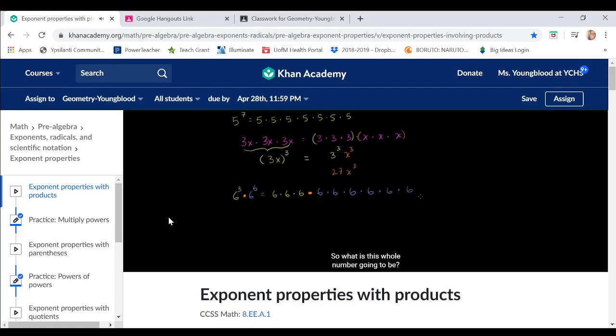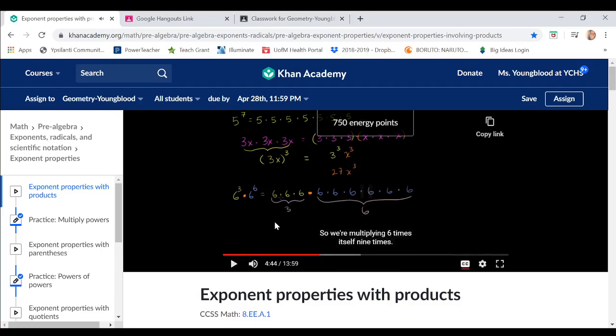So what is this whole number going to be? Well, we're multiplying 6 times itself how many times? 1, 2, 3, 4, 5, 6, 7, 8, 9 times, right? 3 times here, and then another 6 times here. So we have 3 6's there, and 6 6's there.